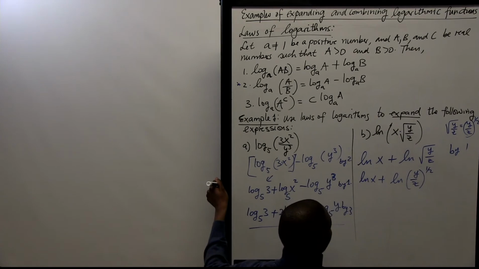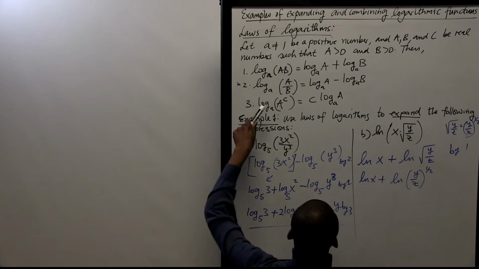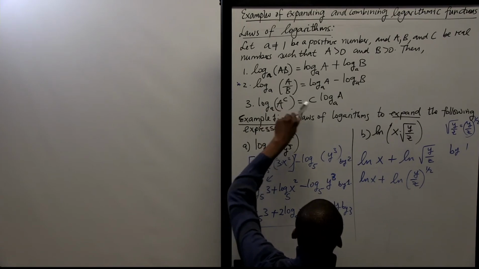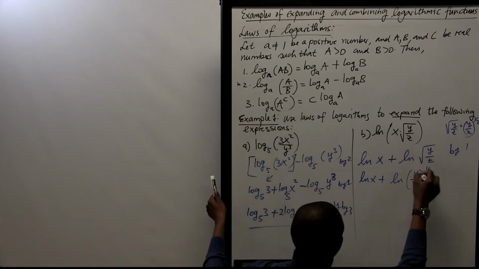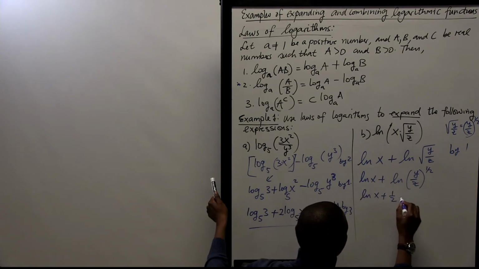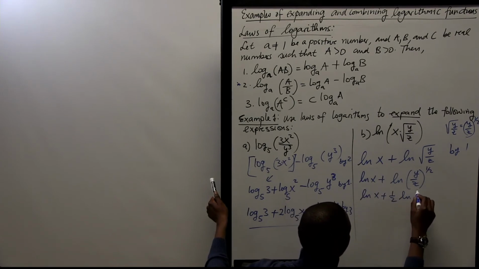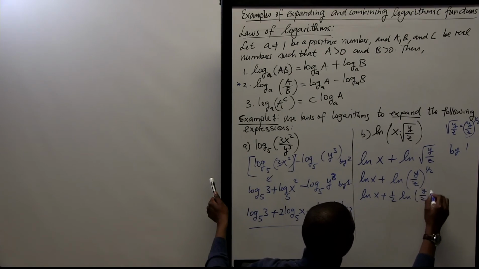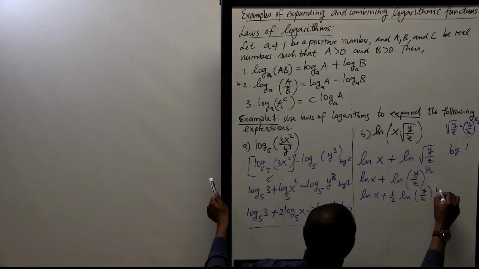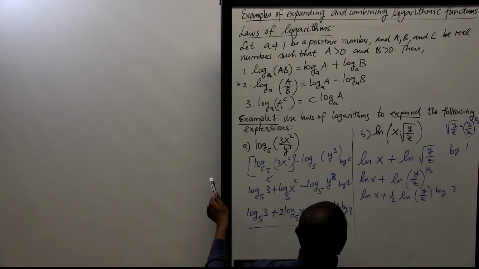Now I want us to apply property number 3, which says you can pre-multiply by the exponent. The exponent here is 1/2, so this becomes ln x plus 1/2 ln of y over z.